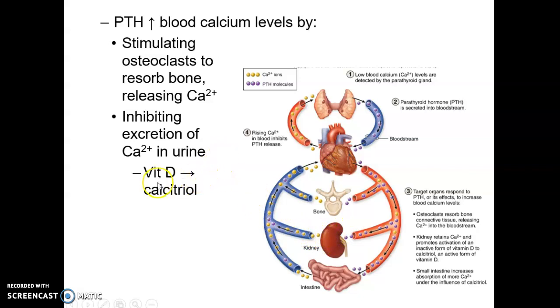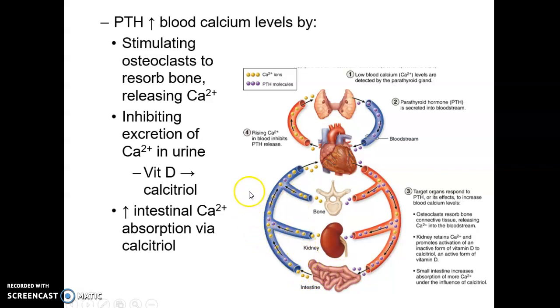Vitamin D also gets converted into calcitriol, an active form of vitamin D. And that will cause an increased intestinal absorption of calcium ion. Anything that might be in your digestive system, your gut, will increase the absorption of calcium ion into the bloodstream. So these three effects will help increase blood calcium levels, hopefully back up to homeostatic levels.